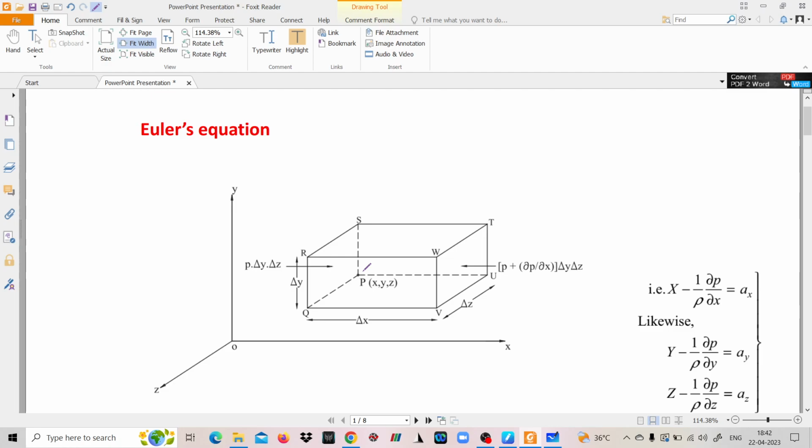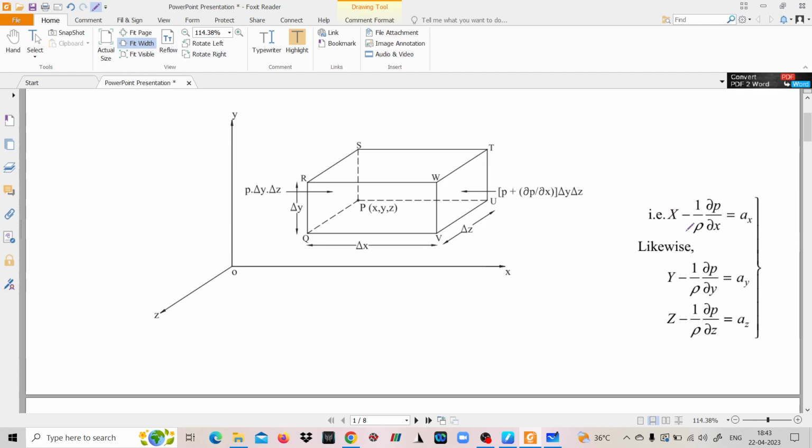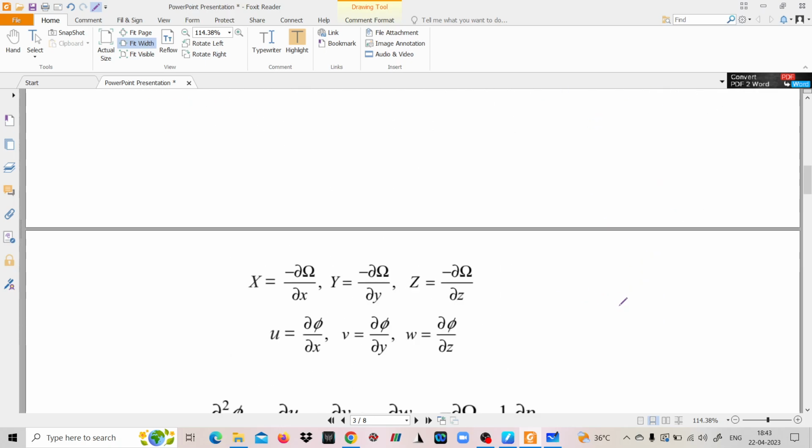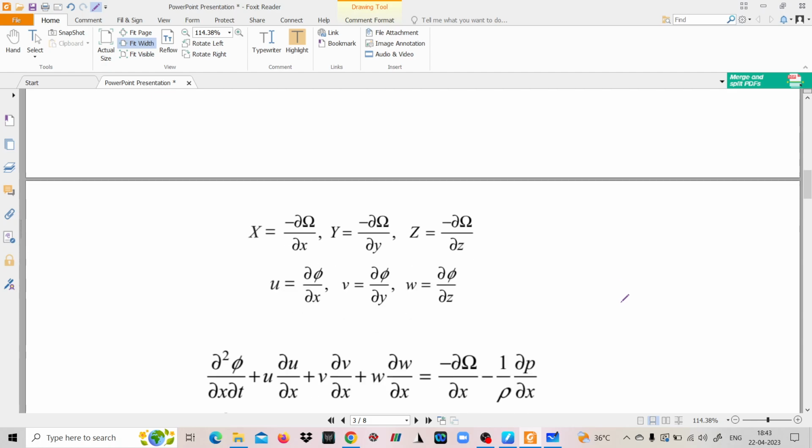Now let the body force per unit mass at the same point be capital X, capital Y, and capital Z. If these are the body forces, they can be represented in terms of a certain potential, by which I mean the force potential.